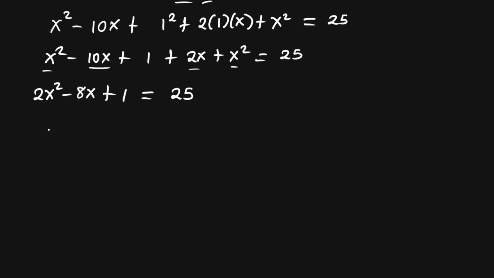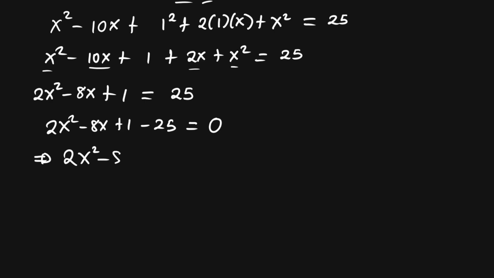But this is the same as 2x squared minus 8x plus 1 minus 25 equals 0. This implies that we have 2x squared minus 8x, 1 minus 25 the same as negative 24, equals 0.